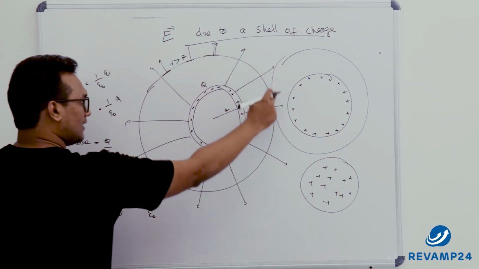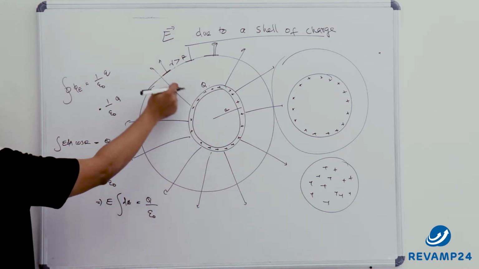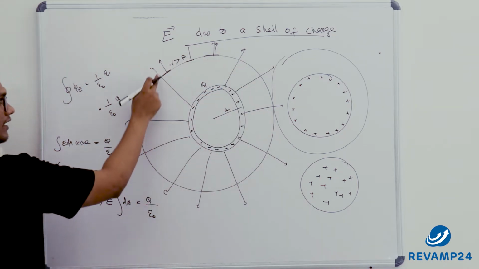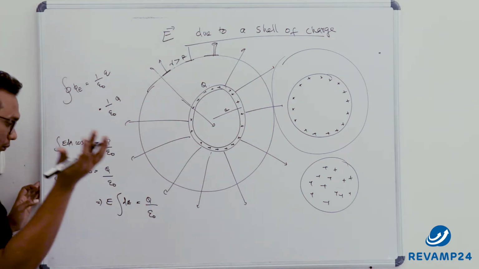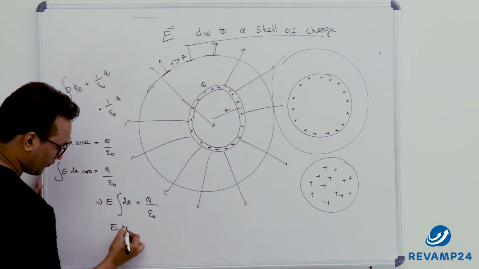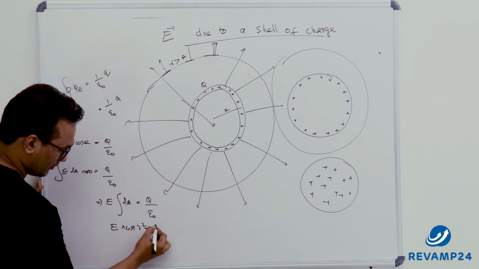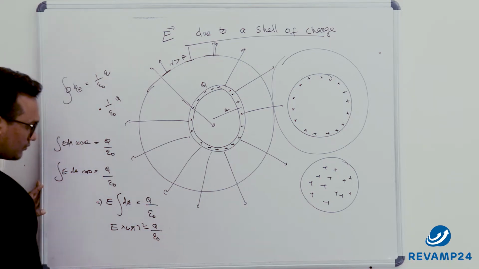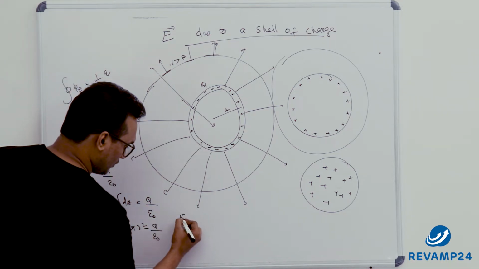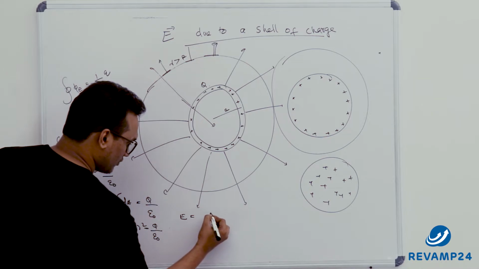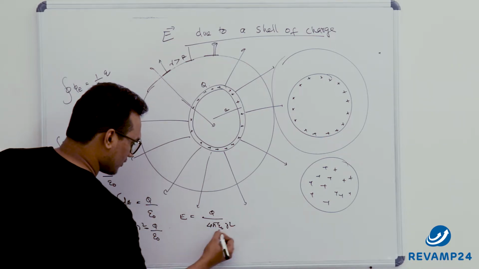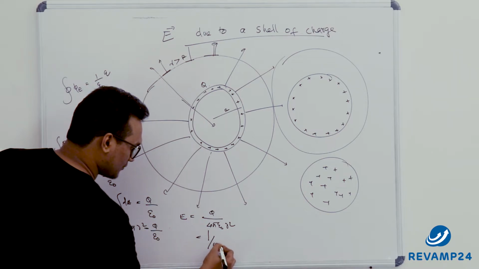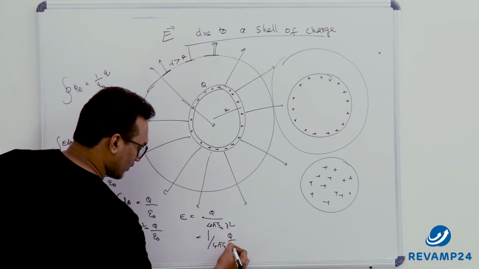Now what is integral dA? It is nothing but the area of a sphere having a radius of r. So total area will be 4 pi r square. So E into 4 pi r square is equal to Q by epsilon 0, and E is equal to Q by 4 pi epsilon 0 r square. So this can be written as 1 by 4 pi epsilon 0 times Q by r square.